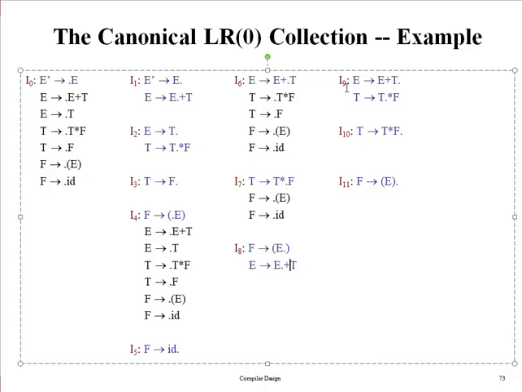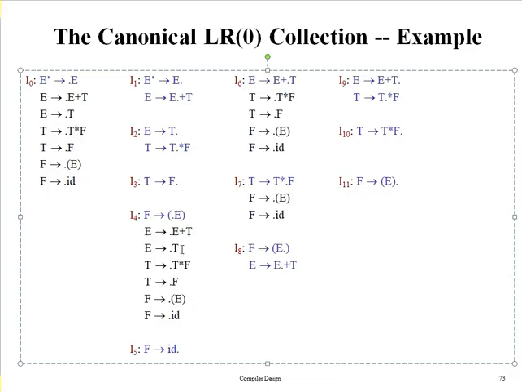Then I9 can be generated from I6, not from I4. Why not from I4?